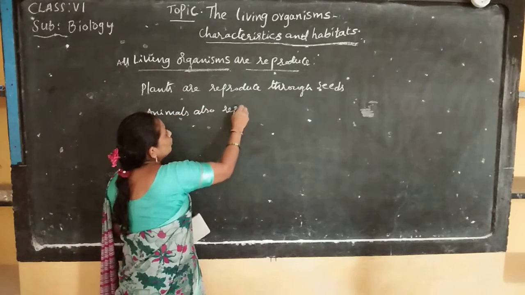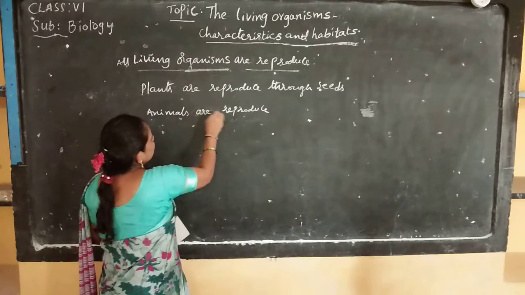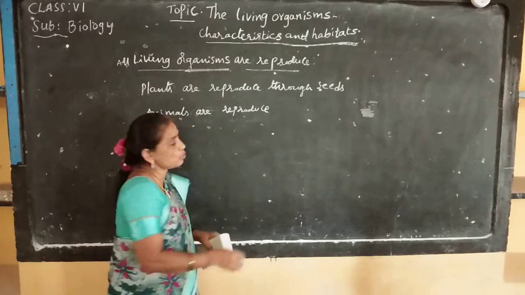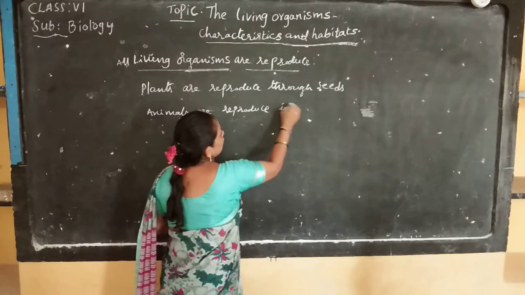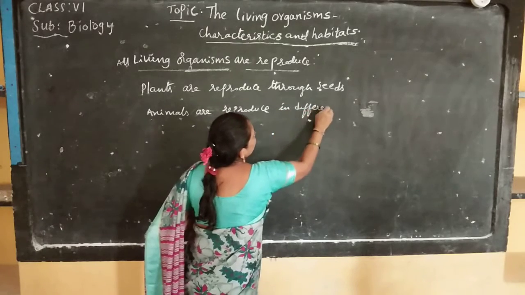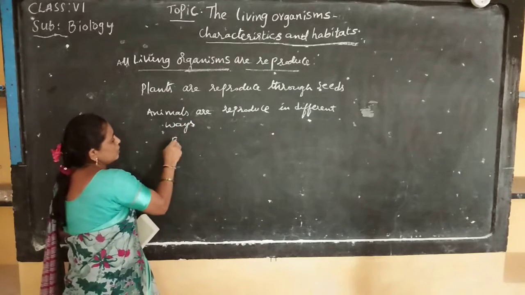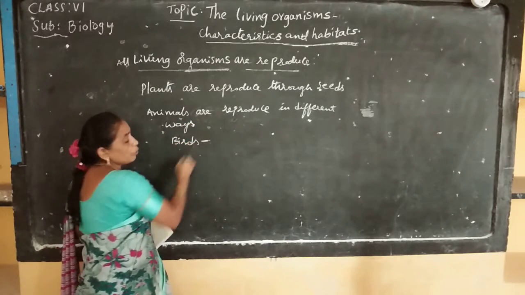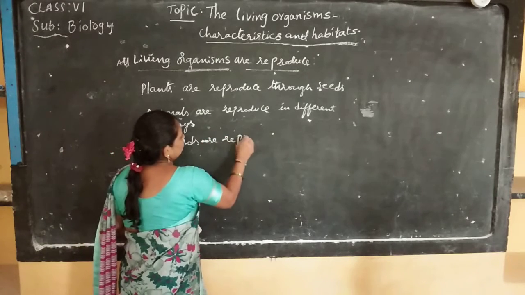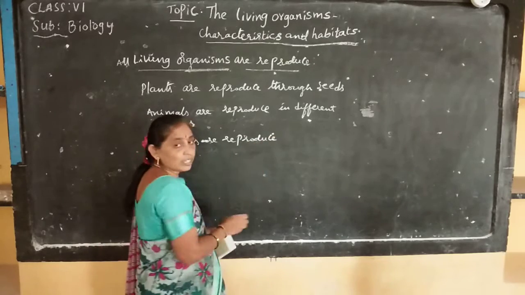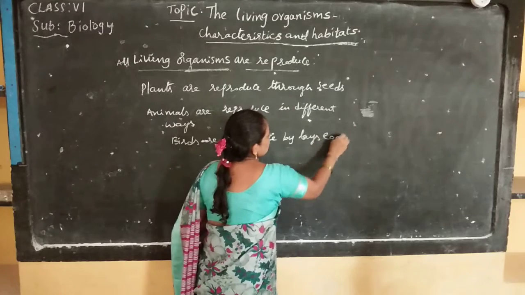Animals reproduce in different ways. For example, birds. Birds reproduce by laying eggs.